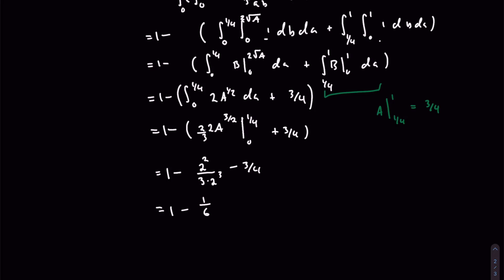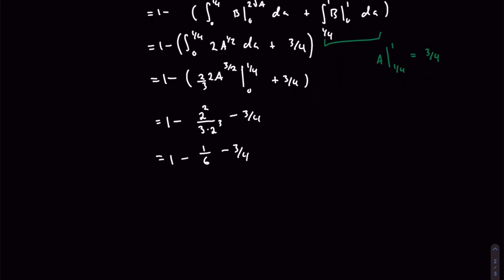So canceling out 2's there, we have a 3 times 2, minus 3/4, and then making sure that we write all of these on the same denominator, we end up having 3 minus 2 divided by 12, and that is indeed 1/12.